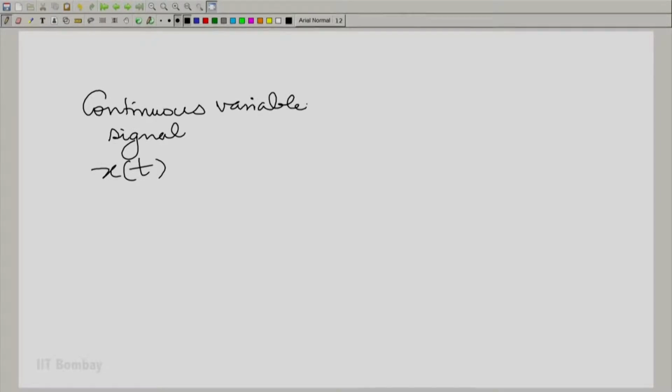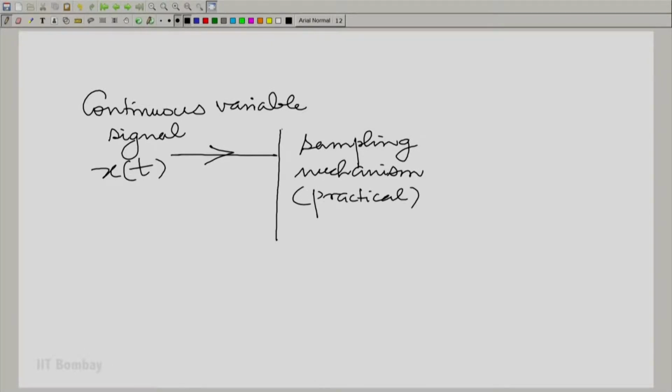So, I take the same continuous signal x(t). When I say continuous signal, I mean continuous independent. So, let me write continuous variable signal, that may be better. I pass it through a sampling mechanism, and remember, this sampling mechanism needs to be practical, it can't be ideal.